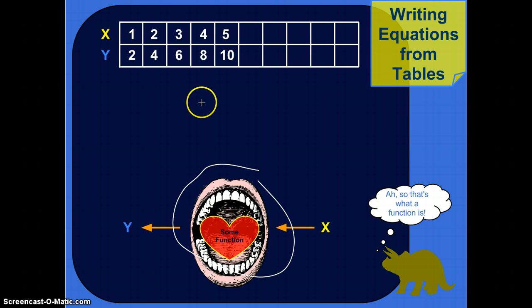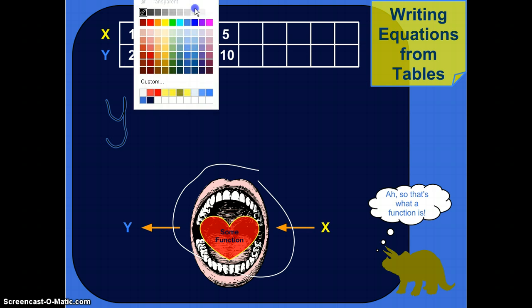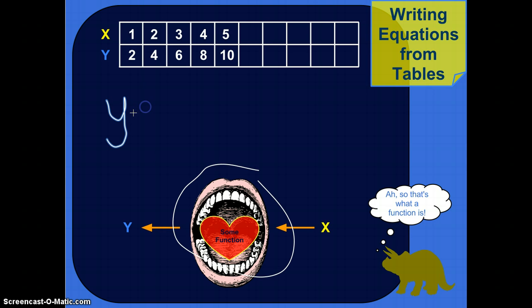Alright, so I cleared off some room for us to work on turning this into an equation. So it'll be y equals something. y, the result of the process, is equal to these inputs, and then you do something to them to make them into the y's.